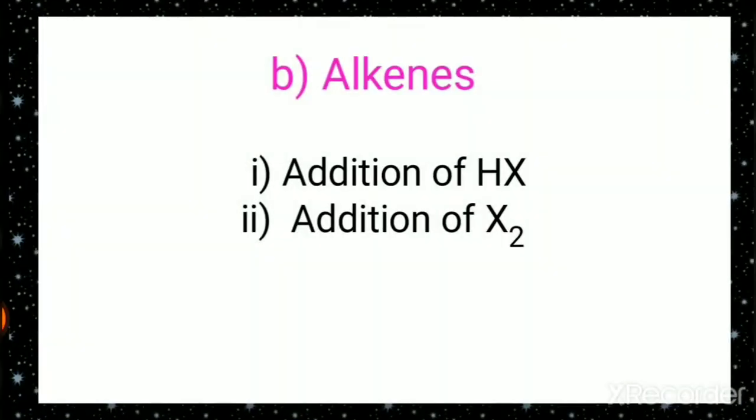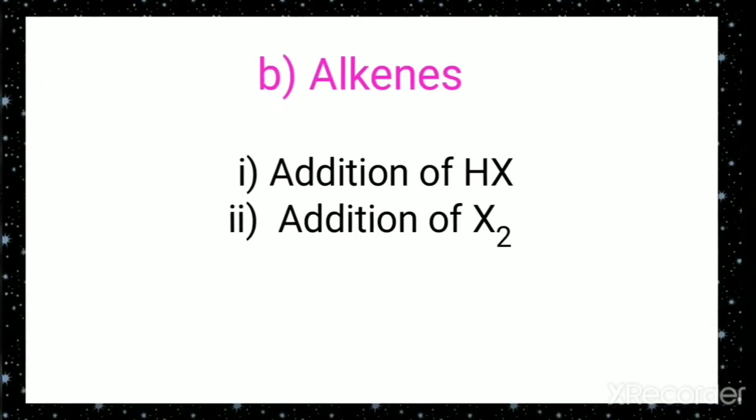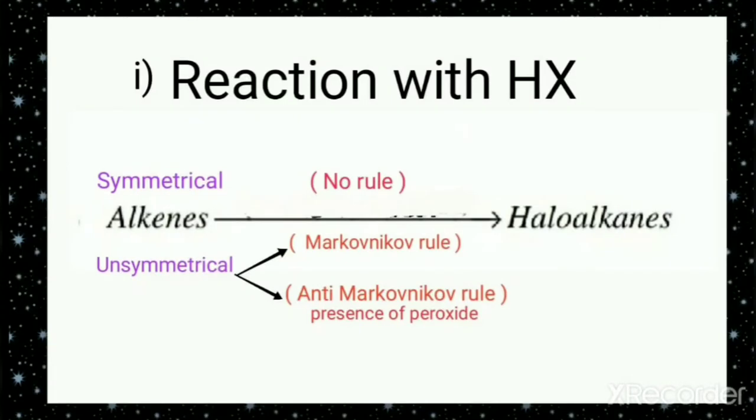In alkenes, two types of reactions are there: addition of HX and addition of X2. Let us first discuss addition of HX. HX is a halogen acid. We also discussed this reaction last year in 11th standard, in the properties of alkenes.